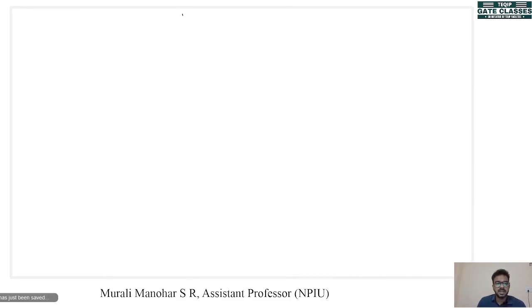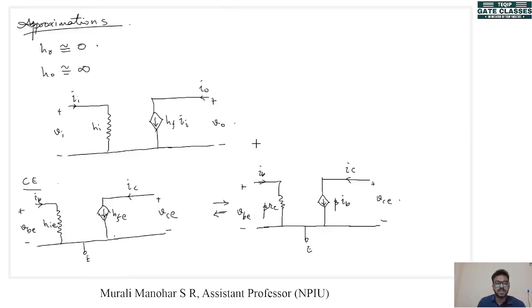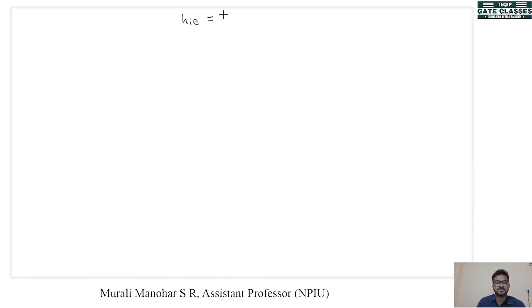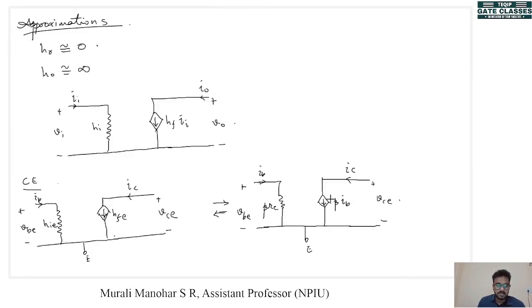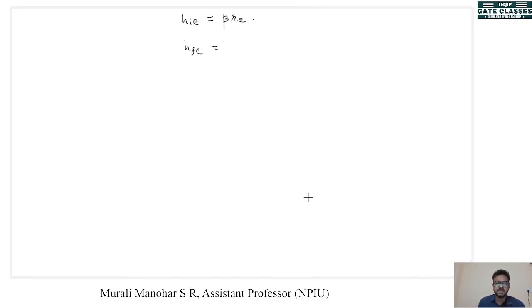That means HIE must be equal to beta RE and HFE must be equal to beta, since both are beta times IB. So this is the relationship between RE and the H parameter model, that is, the approximate H parameter model. HIE is equal to beta RE and HFE is equal to beta.